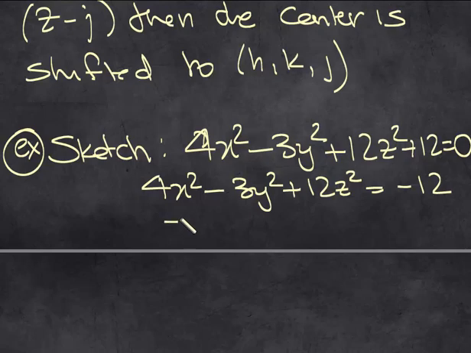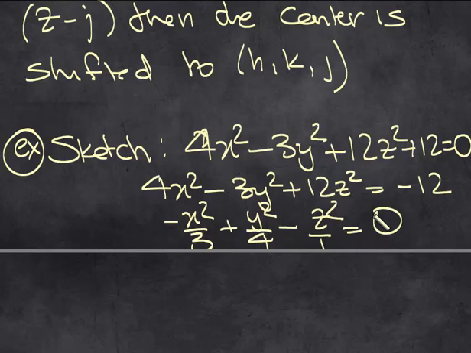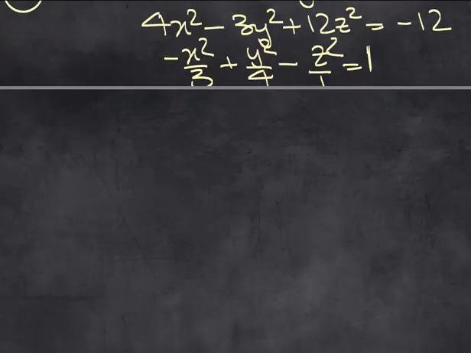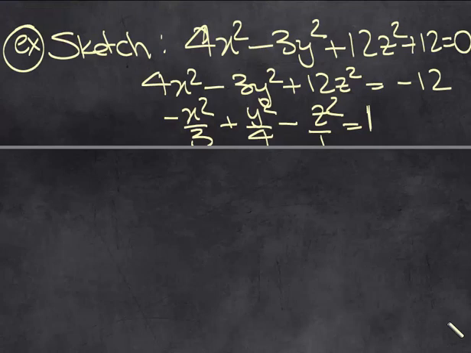So I get negative x squared over 3 plus y squared over 4 plus, negative z squared over 1 is equal to, not 0, it's equal to what? 1. So now we can start doing it. Once we do that, that's taking care of step 1. I didn't have to complete the squares on anything. I'll show you an example where you need to complete the squares.